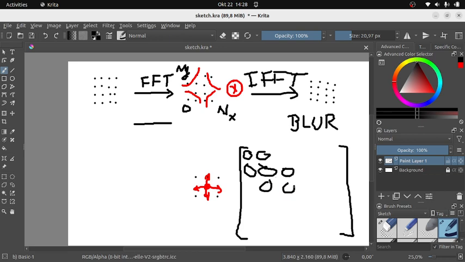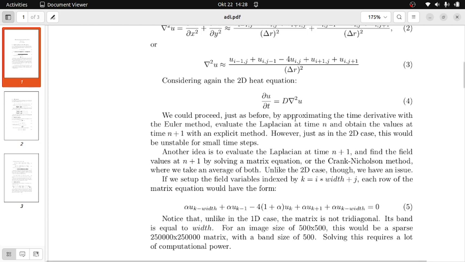We had something like this, and so on. But now if you, for example, use this, I think this is called normal ordering, what would be the matrix equation for an implicit method in this case?